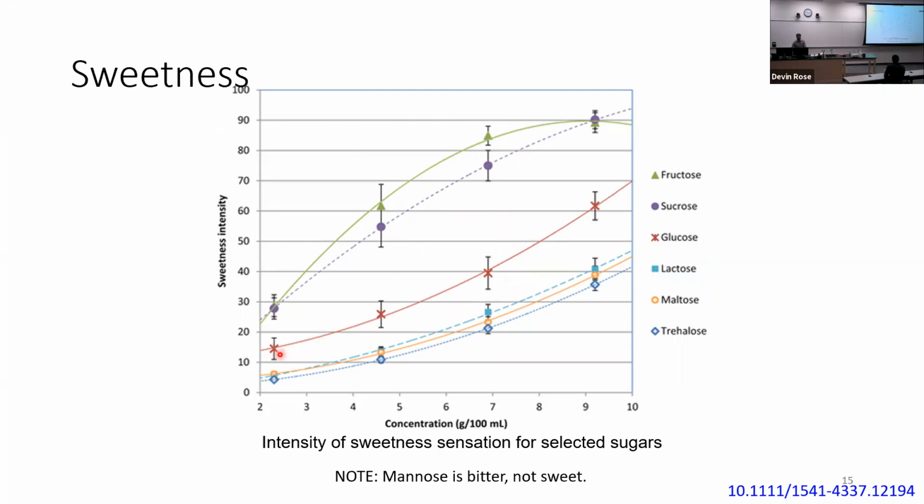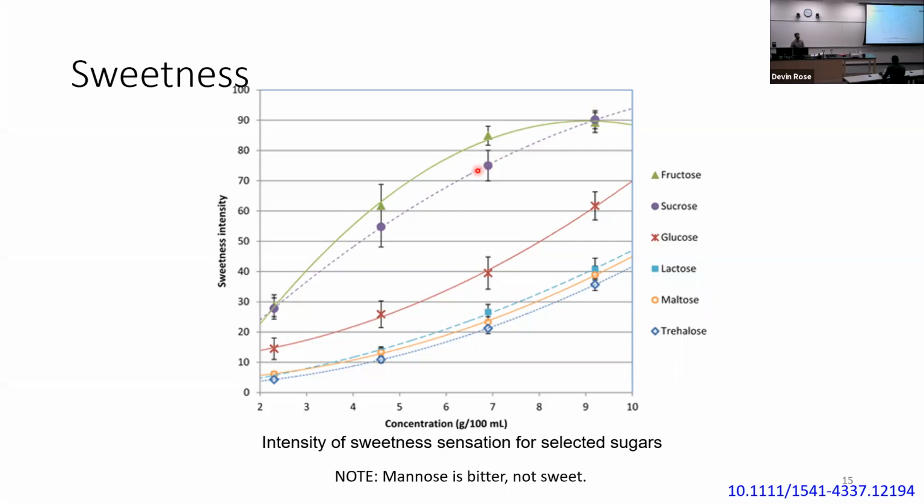Let's look at sucrose first. Sucrose is purple. What we notice is that at these low concentrations, we get a rapid increase in sweetness. But the higher and higher that concentration gets, the less and less impact that causes on the sweetness, up to a point where no matter how far we increase the sugar concentration, the sweetness doesn't really increase anymore.